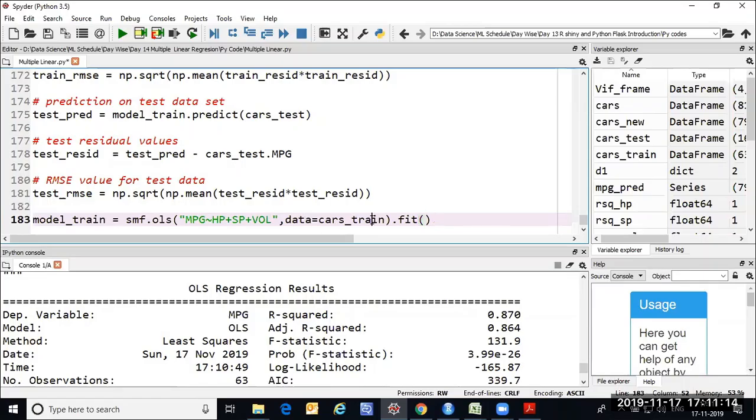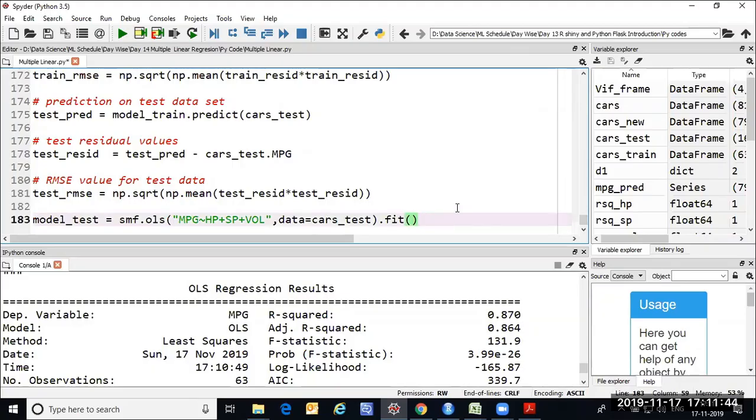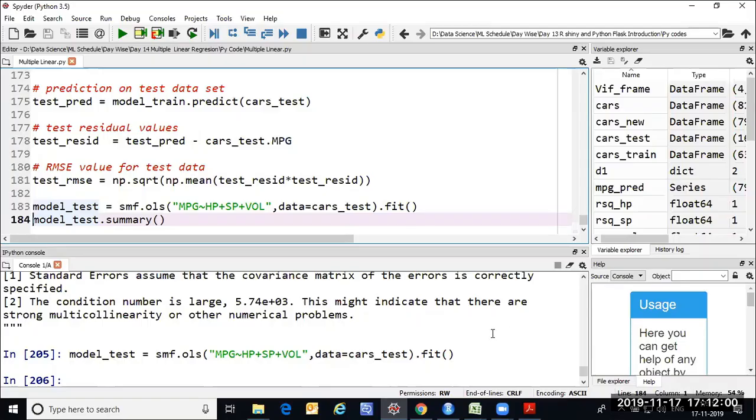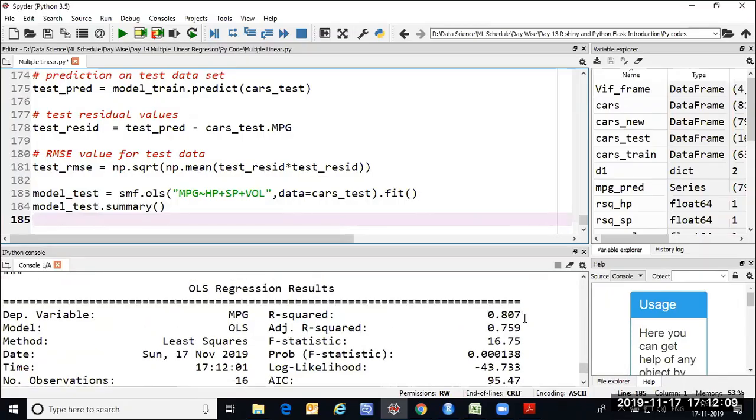But this time, let's run it on the cars underscore test. What is the accuracy we got on test? 80.7.